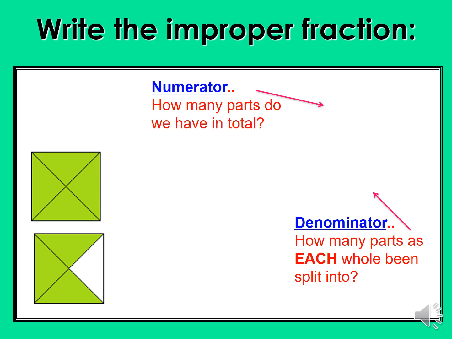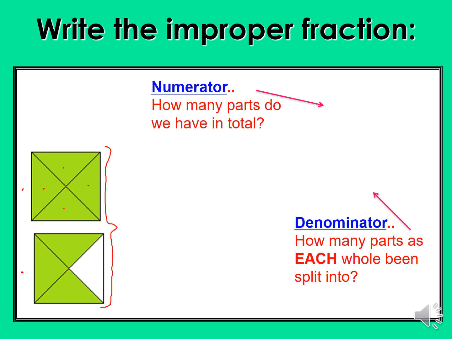Okay, so let's have a go at going from a diagram to an improper fraction. So we've got 1 whole and 2 whole. So we've got 2 whole things, we need to see what are they split into. Each of those is split into 1, 2, 3, 4.